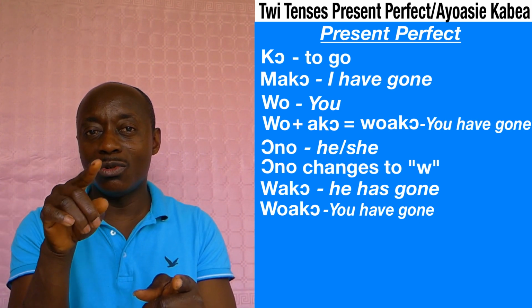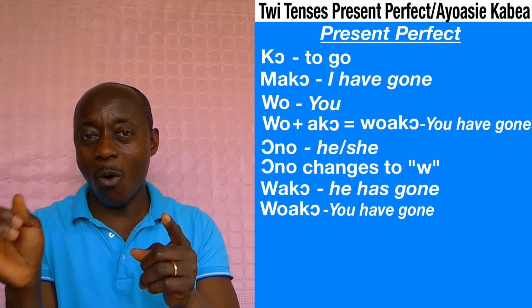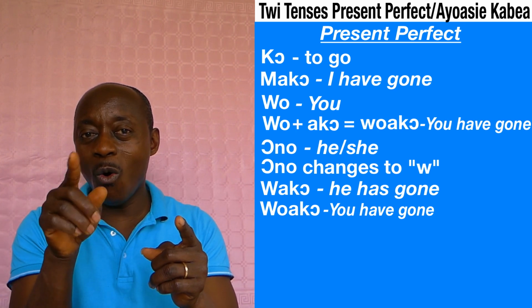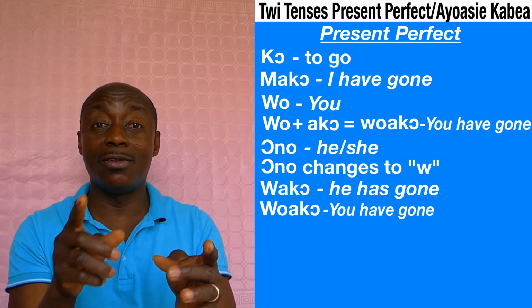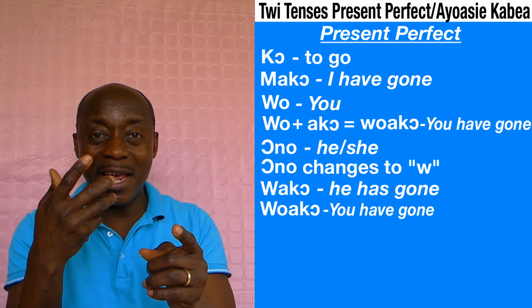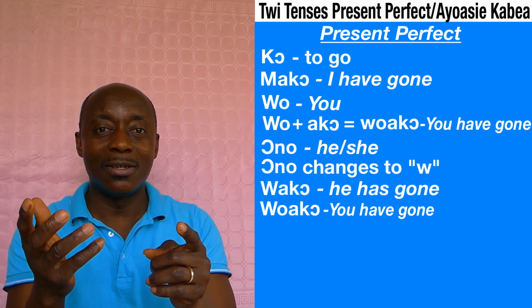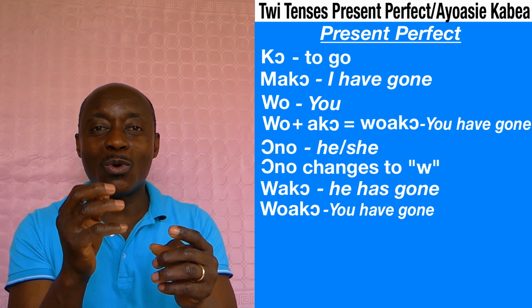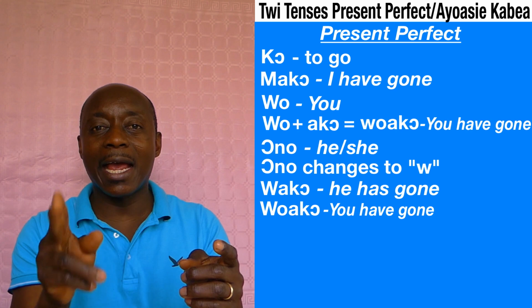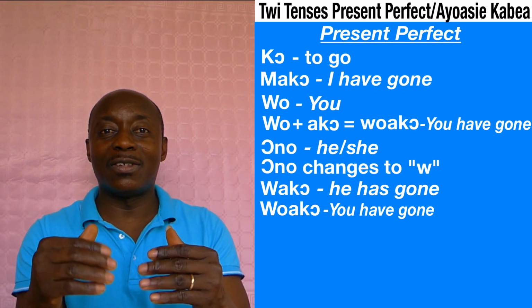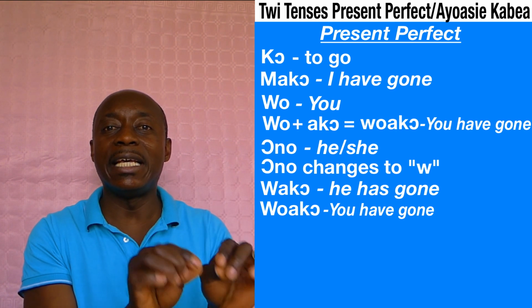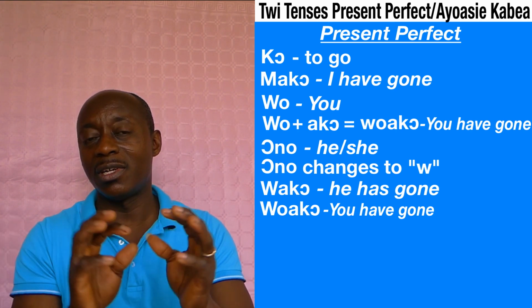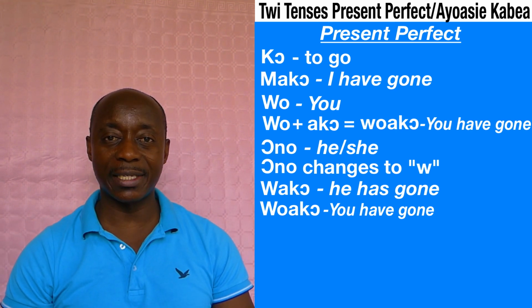So if you don't write wo akɔ, and you forget the O because the O is silent when you are saying wakɔ, the A sounds louder. So if you don't take care, you write we akɔ, and instead of saying you have gone, you might write he has gone. So take note of these two phrases.